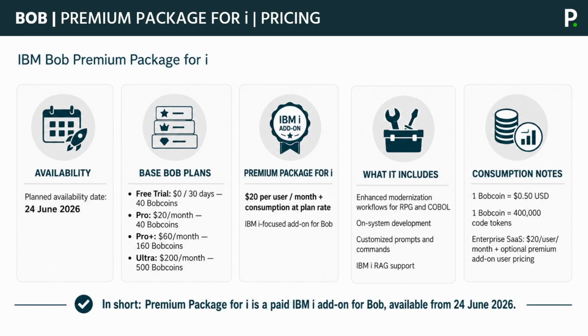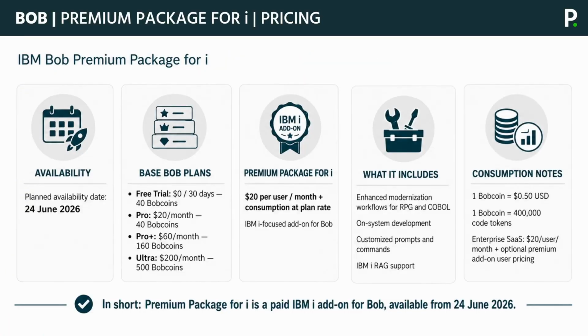Once they've been consumed or a month has elapsed, you have a choice of 3 tiers. First, Pro at $20 per month. This is essentially a continuation of the 40 Bob coin model. So if you're an occasional coder, a solo developer, or a very small shop, this may be the tier for you.